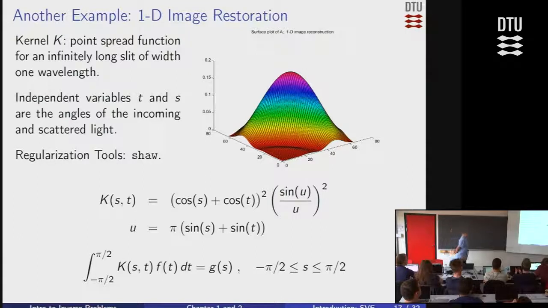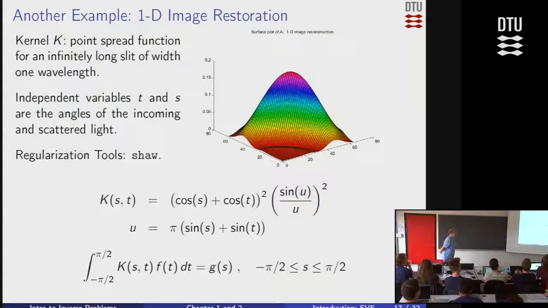The width of the slit is precisely one wavelength, and then that integral equation gives a relationship between the distribution of energy as a function of the incoming or outgoing angle. Right. So anyway, it's a good little test problem, and you see that there's an illustration of that kernel, the function of two variables. Yeah, there's not much else to say about that right now.